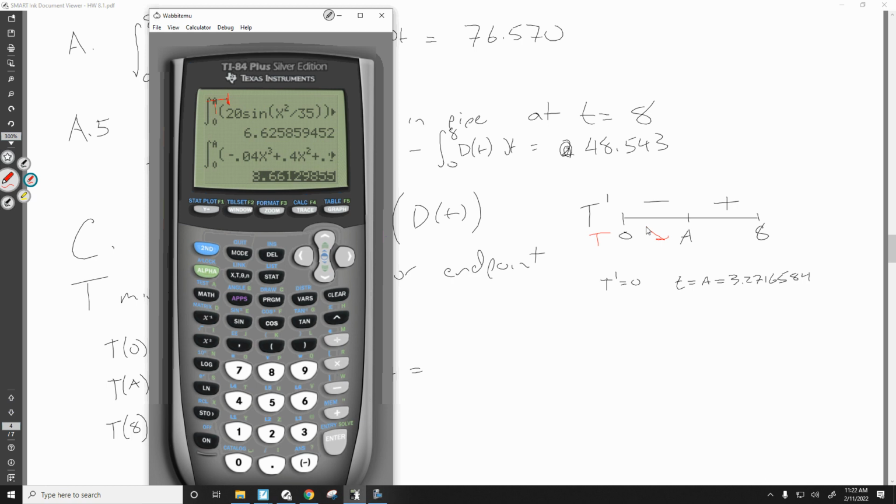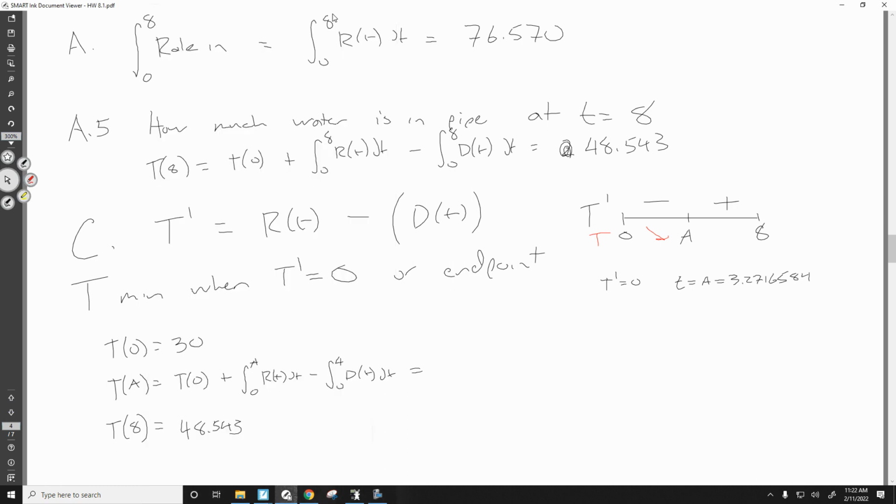I must be losing more water than I'm adding, right? Maybe you thought about that, maybe not. Add those three things together, you get 27.964. You circle this, you say, hooray, I found my min.